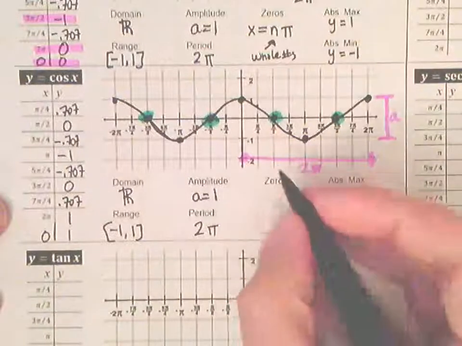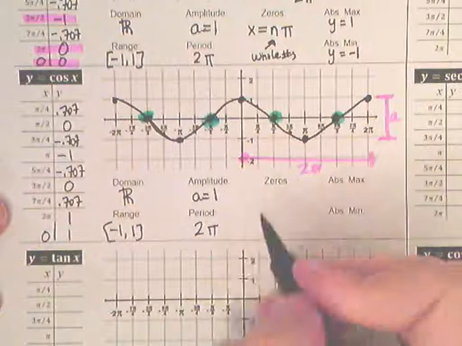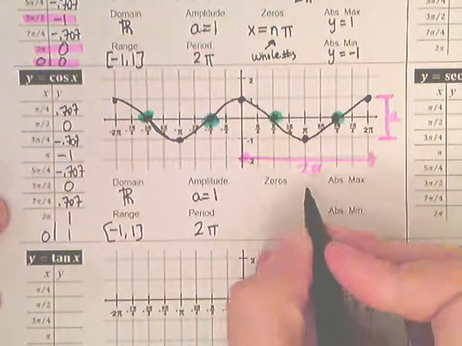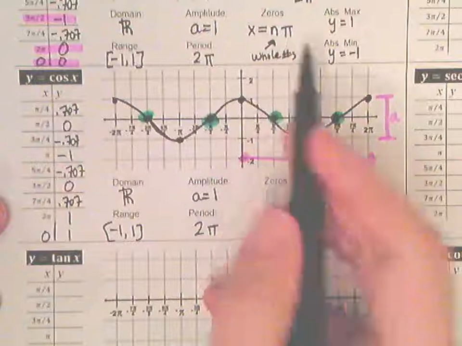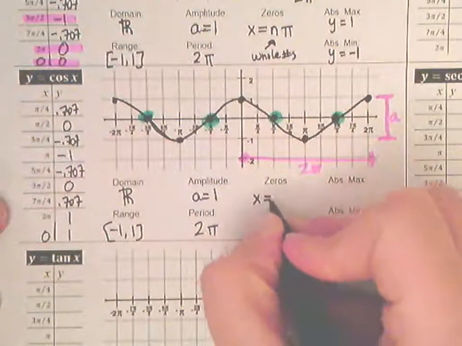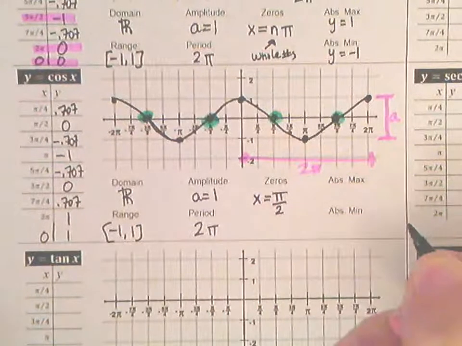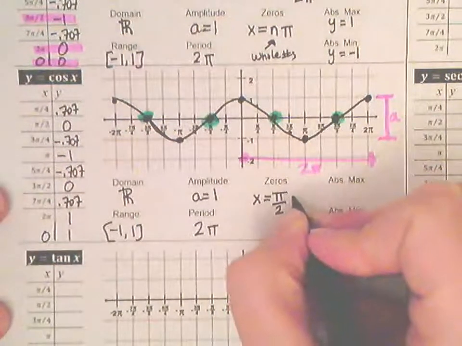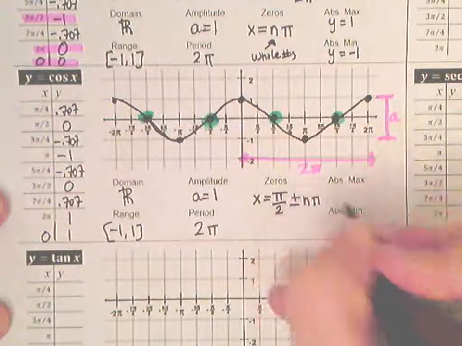They are at all of the halves, actually. So we can't say like we did up here, which is it's at x equals n pi. We actually have to identify that it's at x equals pi over 2, but it's not just at pi over 2. It's at pi over 2 plus or minus n pi.